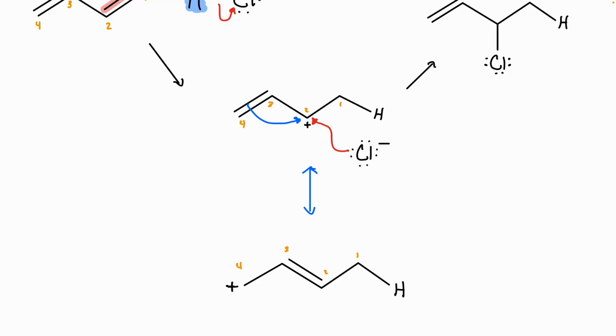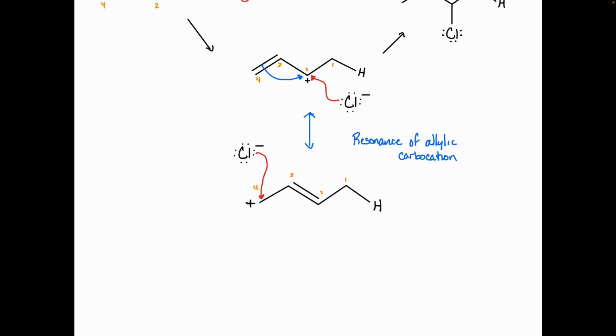All right, so this is what we would call resonance of that allylic carbocation. Okay, so my chloride ion, just like before, can then react now with that other position, giving us our other possible product.